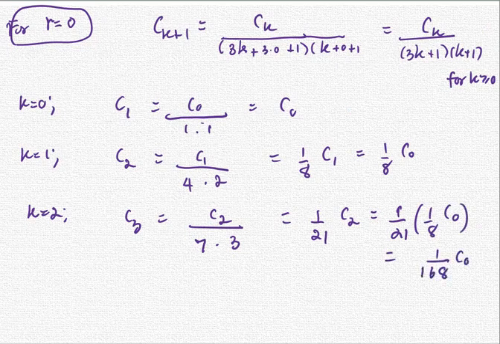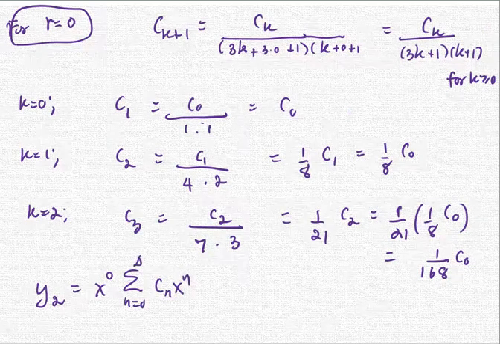And then simplify this to be 1/168 times c0. Now put in the power series form as a second solution, y2 equals x to the power r, which is power 0, multiplied by the summation of c_n x to the power n, n from 0 to infinity. x to the power 0 is 1.